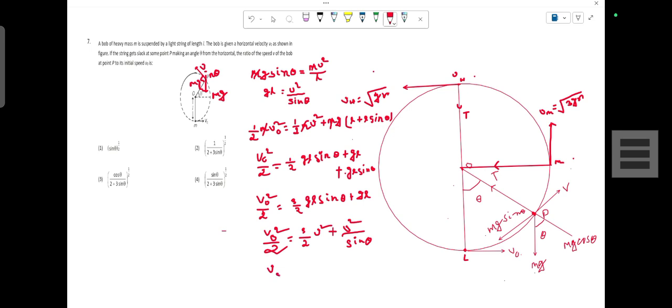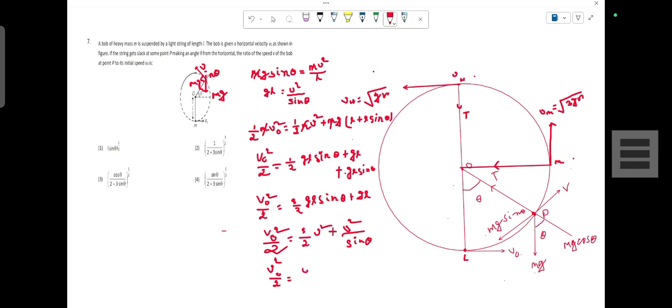v naught square by 2, and you can common out gL sin theta. Is it okay?